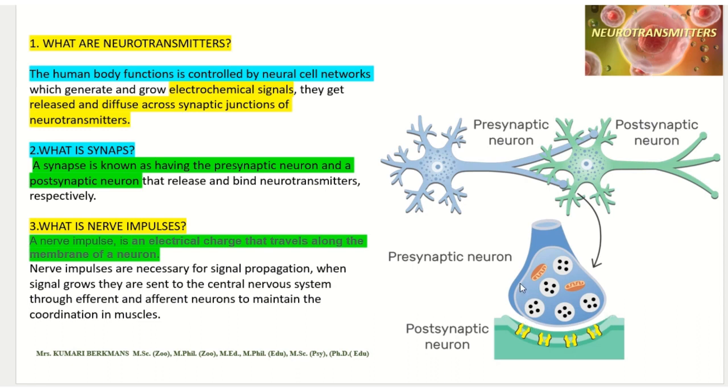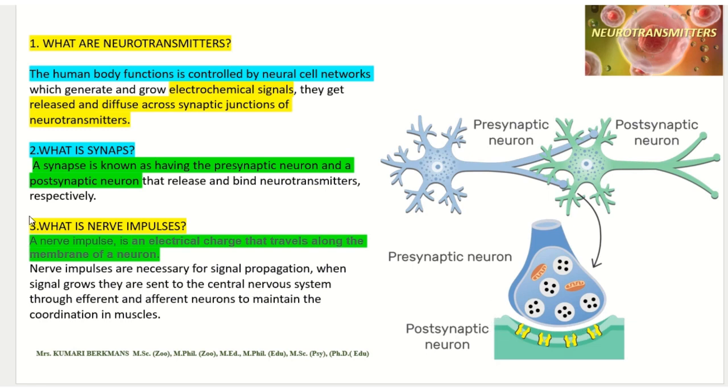So this area is called the synapse. A synapse has a presynaptic neuron as well as a postsynaptic neuron that release as well as bind the neurotransmitter. This site is called the synapse.